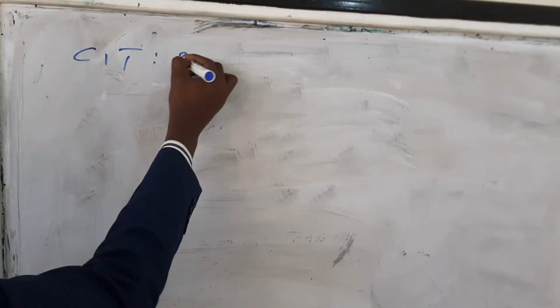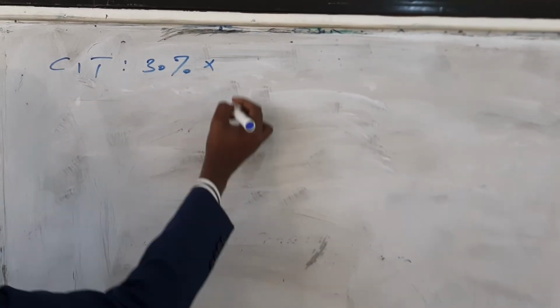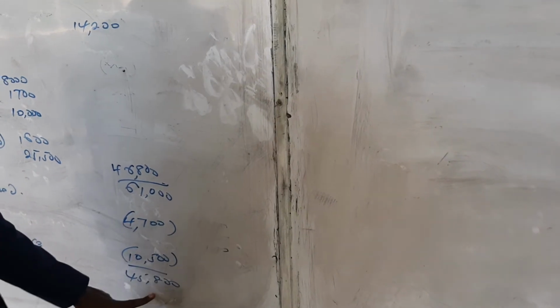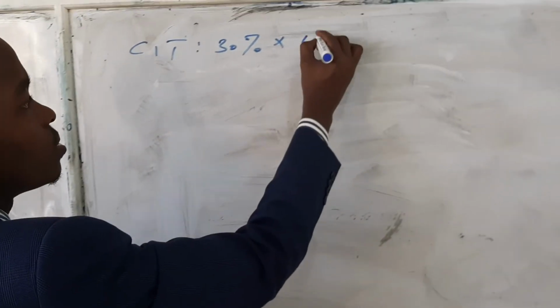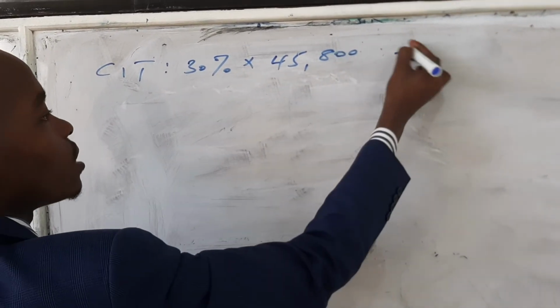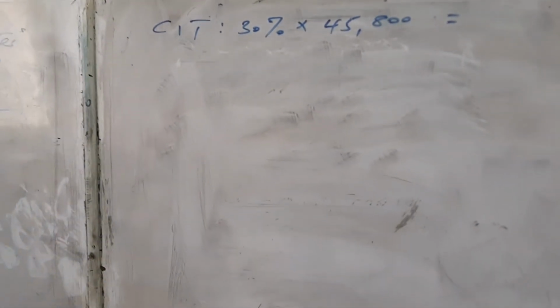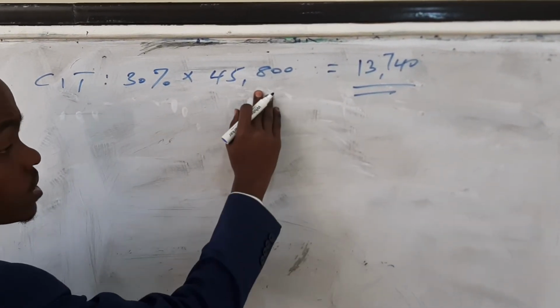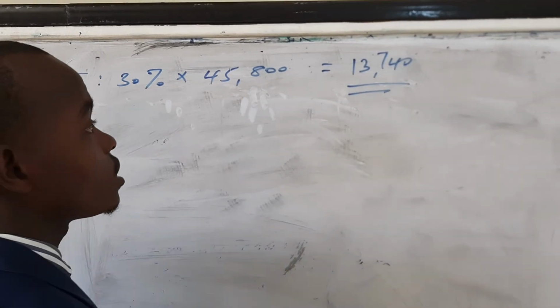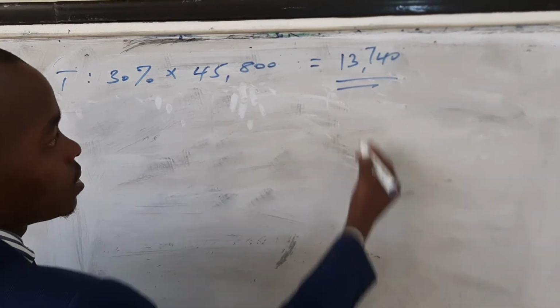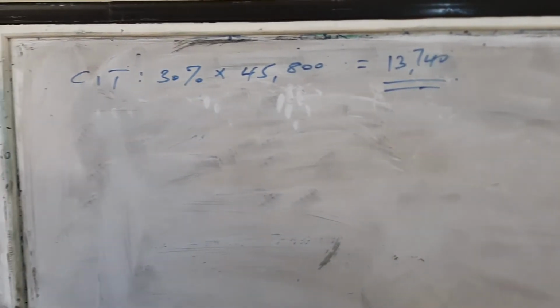CIT is 30% of taxable income, which is 45 million. This gives me the CIT of 30% of 45 million, which is 13 million 740,000. So that is the end of the question.